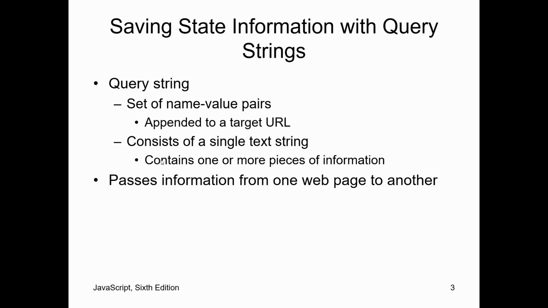If the method is get, then that information is going to be sent in what's called a query string. It's a set of name value pairs that gets appended right onto the URL. So at the end of your URL, there'll be a question mark, and then it'll be like first name equals Jeffrey, then last name equals Scott, etc., that kind of information.